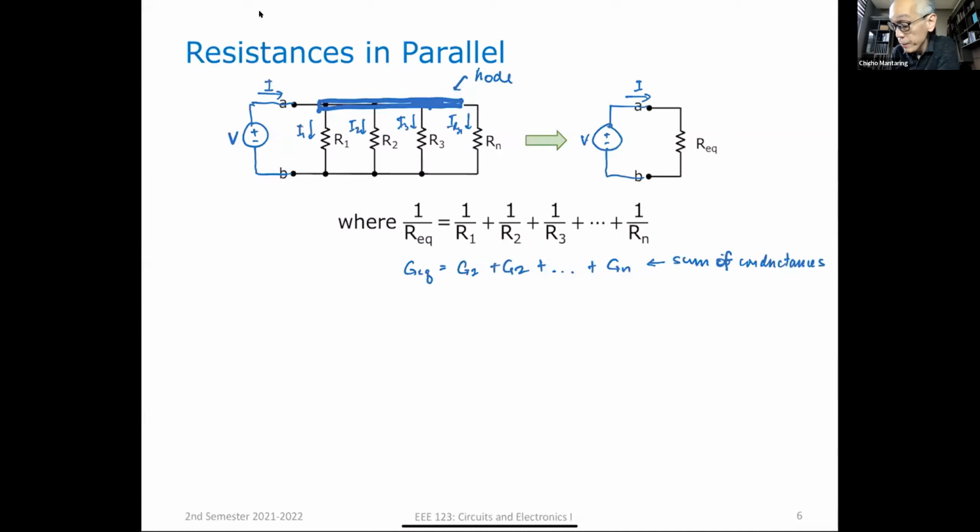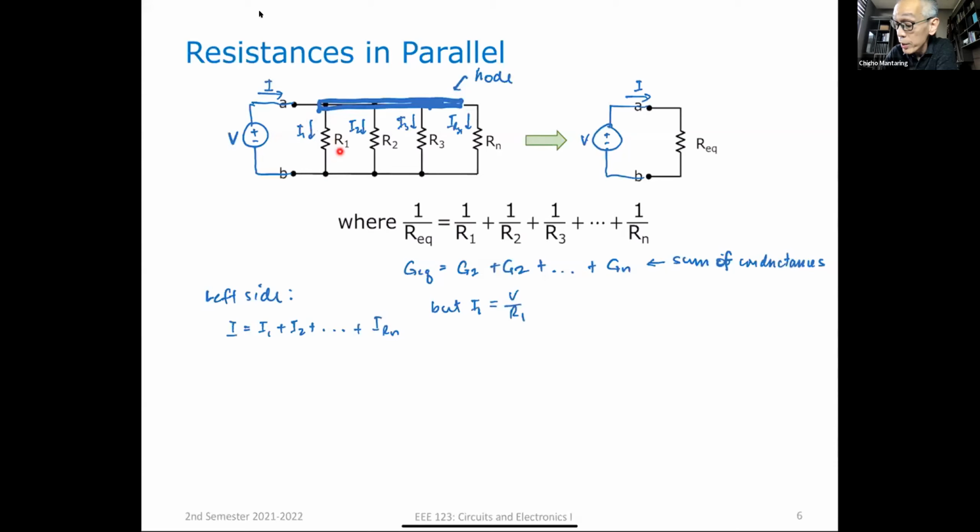So for the left side, I is equal to I1 plus I2 all the way to plus IRn. Okay, but I1 is just V over R1. The current I1 is the voltage across this resistor divided by its resistance value.